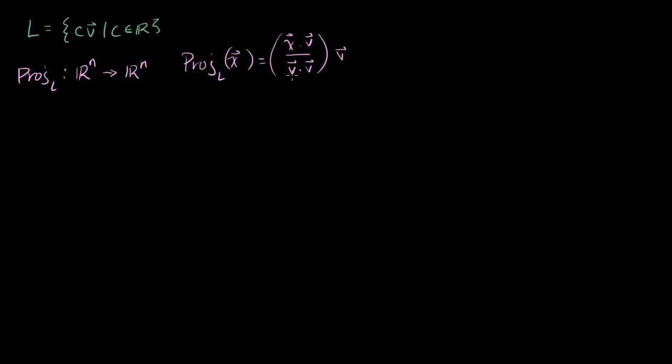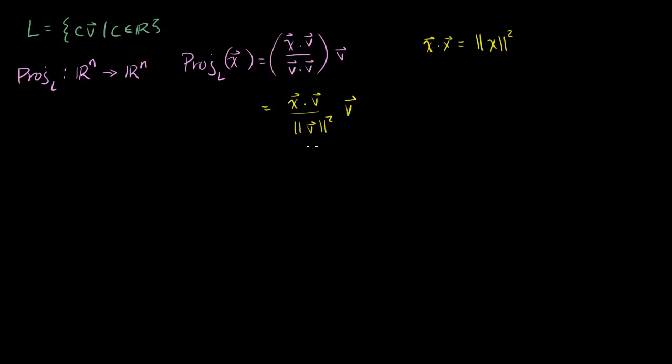Now, a couple of things might have popped out at you when we first saw this. When you dot a vector with itself, what's that equal to? We know that if I take some vector and dot it with itself, that is equivalent to the length of the vector squared. So we could rewrite this as x dot v over the length of v squared, all of that times v.